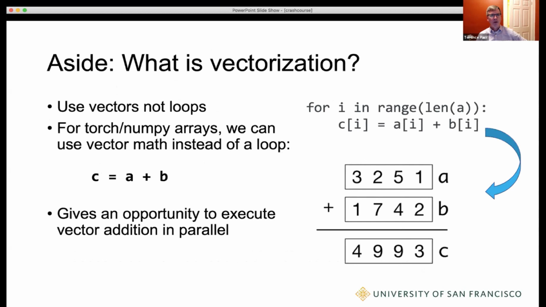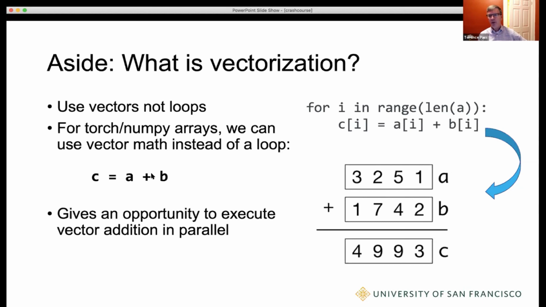When I say vectorization, what I mean is instead of a for loop that adds two vectors like this, a of I plus b of I, to get this vector addition, NumPy and Python and Torch and all these others, TensorFlow, let you do vector math. And so I'm adding two vectors by specifically saying a plus b. I don't have to say how to do it. I say do the vector math.